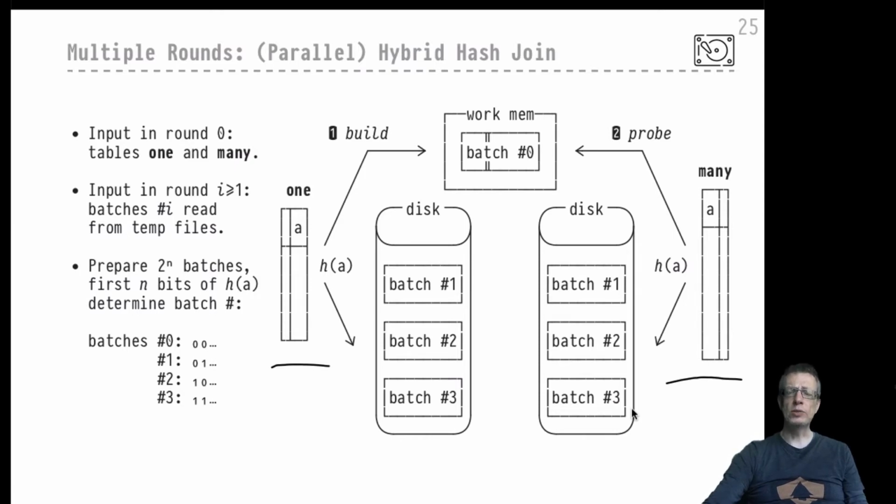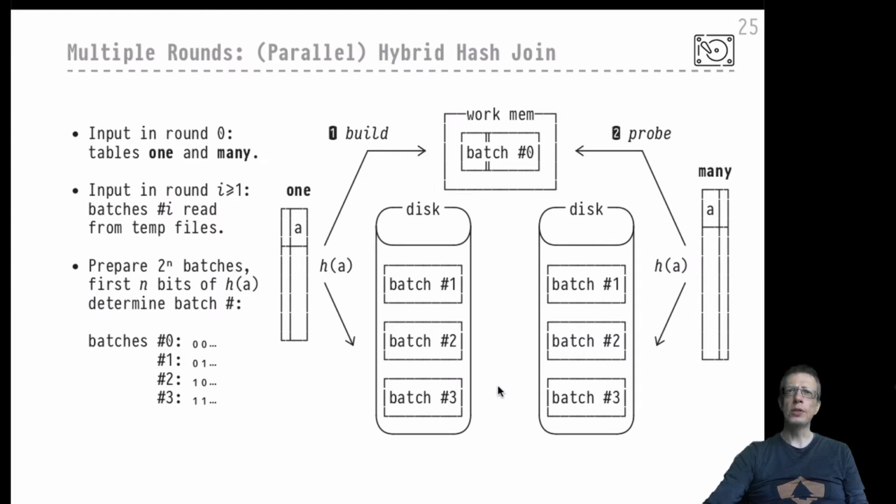In the build phase, we can expect the working memory to only have sufficient capacity to store a fraction of the entire hash table that has to be built. Because we prepare ourselves to store many batches, many fractions, many partitions of that hash table, not in main memory, but on disk instead.